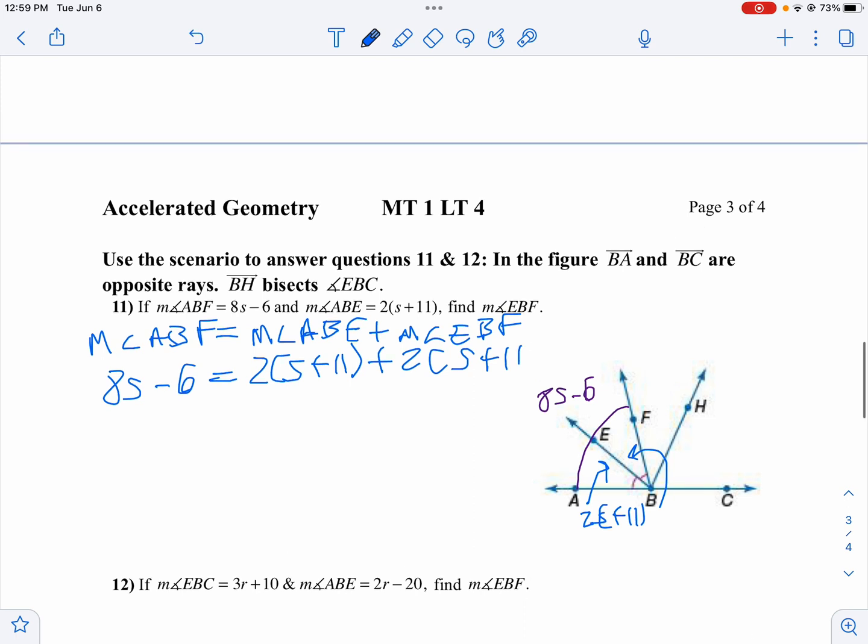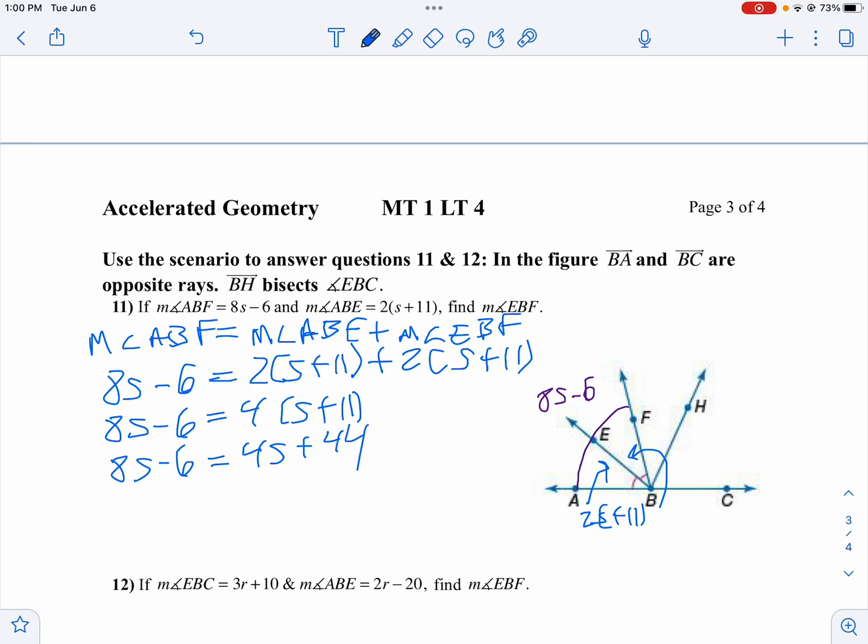I can simplify my right side, so 8s minus 6 equals 4 times s plus 11. I can simplify a little bit more. 8s minus 6 equals 4s plus 44. Let's solve this equation for s so we can subtract 4s from both sides.